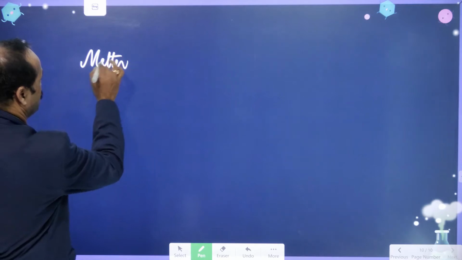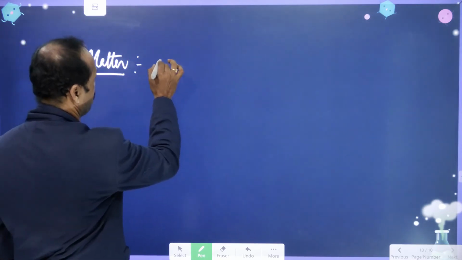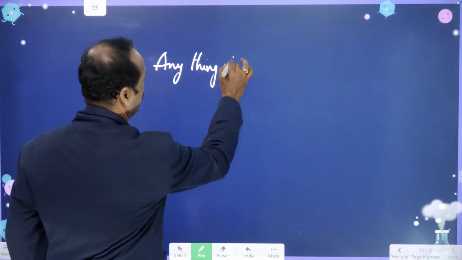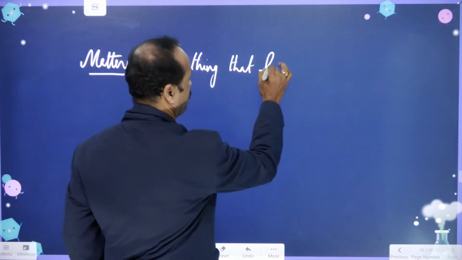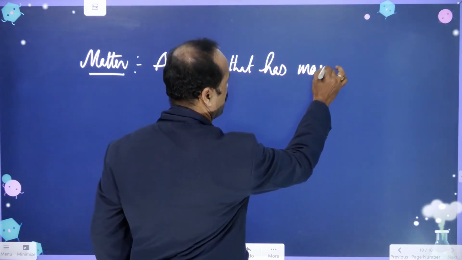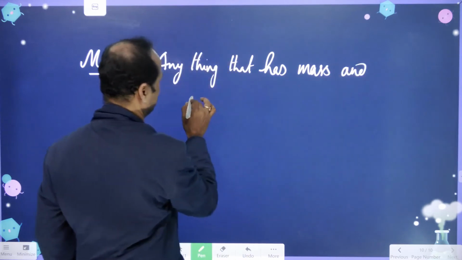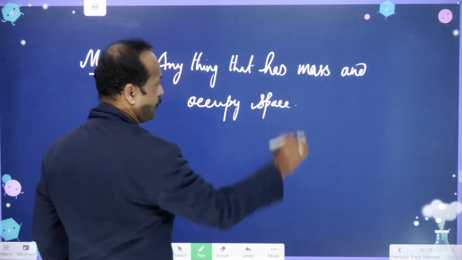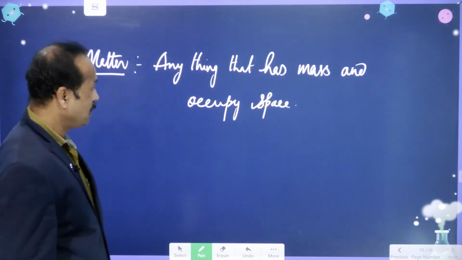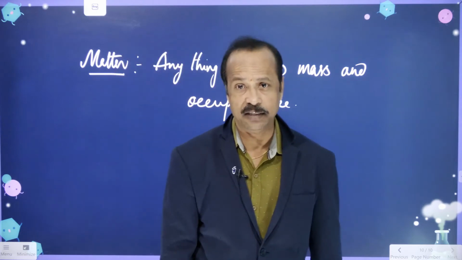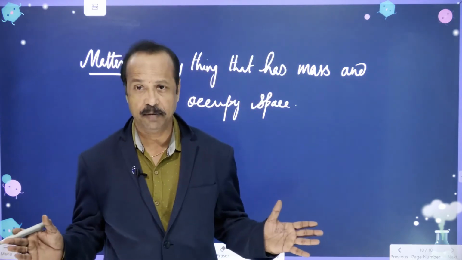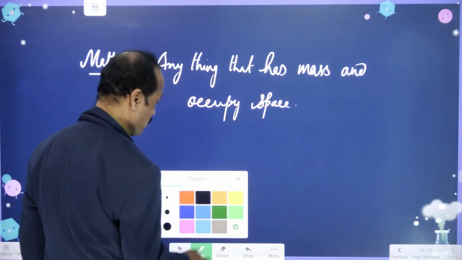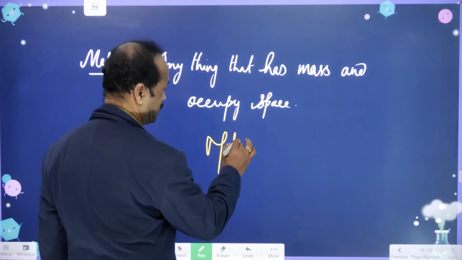So a very simple definition: matter is anything that has mass and occupies space. Alright, this matter generally can be classified in two ways.